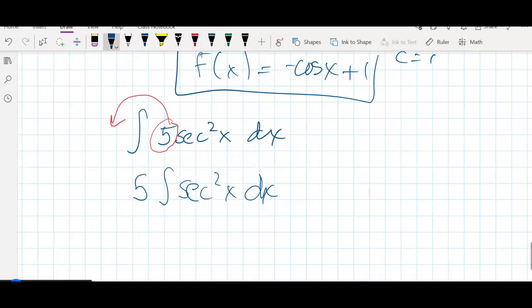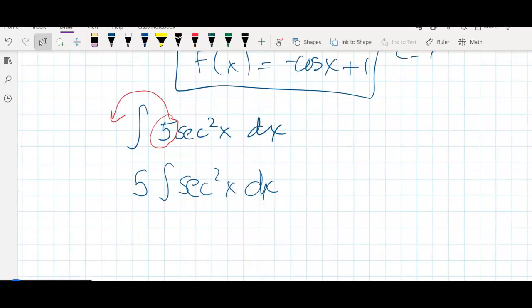Right? And then what's the antiderivative of secant squared, everybody? That's it. There's really nothing you need to worry about.